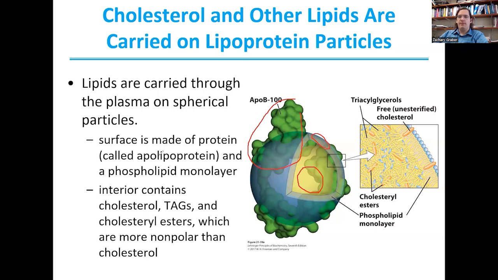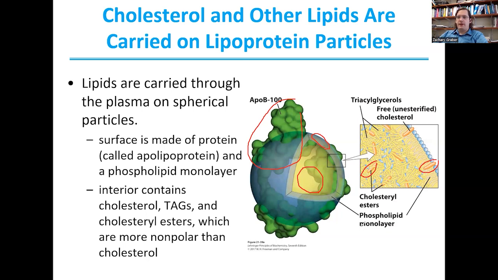We call these apolipoproteins that are bound to this phospholipid monolayer as well. Our cholesterol will sit within our phospholipid monolayer to help make up the structure of our particle, and we'll also have cholesterol esters within our lipid droplet here as well.